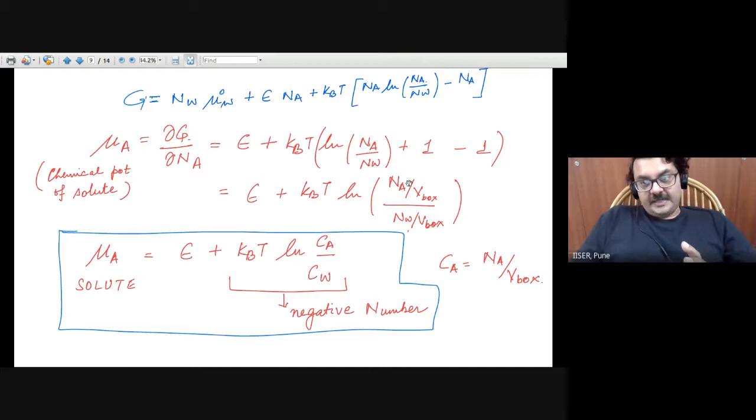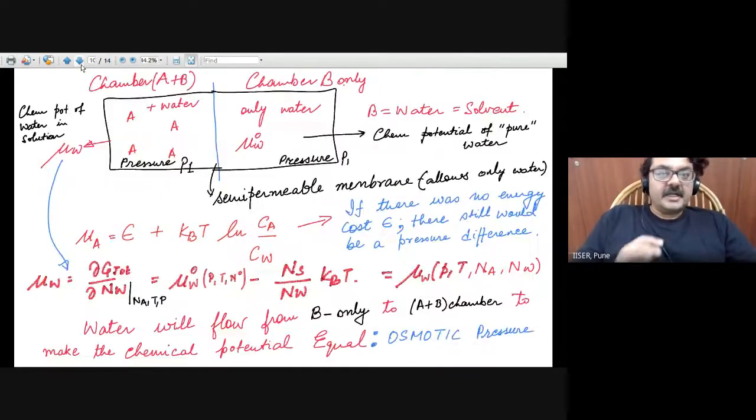So basically N_A by V box into N_W by V box. So this is what you get as the chemical potential. If you know the concentration, then you get your chemical potential for the solute. So C_A by C_W, right?